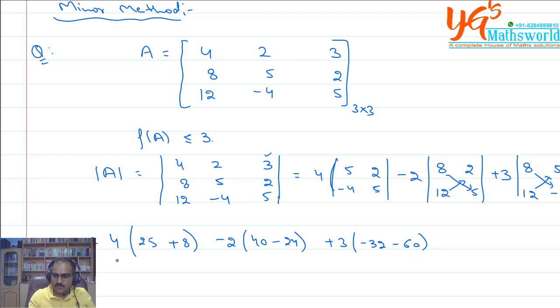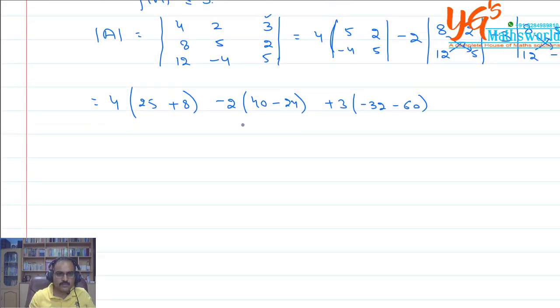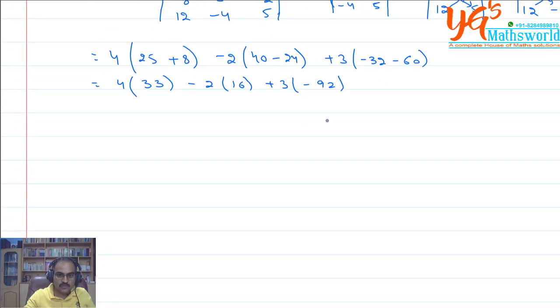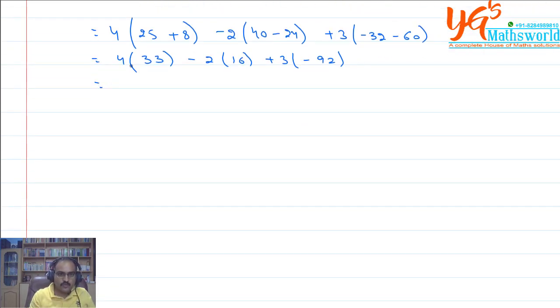Okay, now it comes out to be 4 into 33, minus 2 into (40 minus 24, that is 16), plus 3 into minus 92. So 4 into 33 is 132, minus 2 into 16 is 32, then minus 92 into 3 is 276.